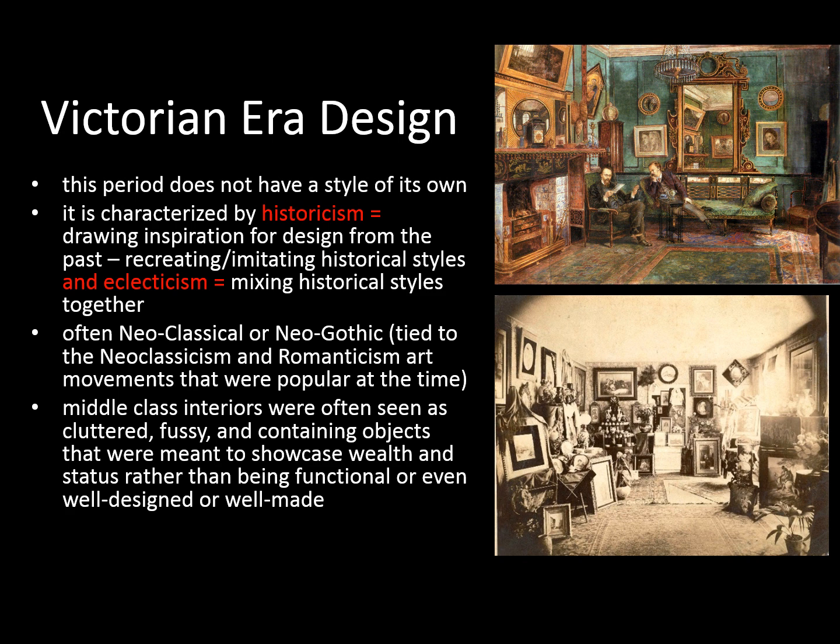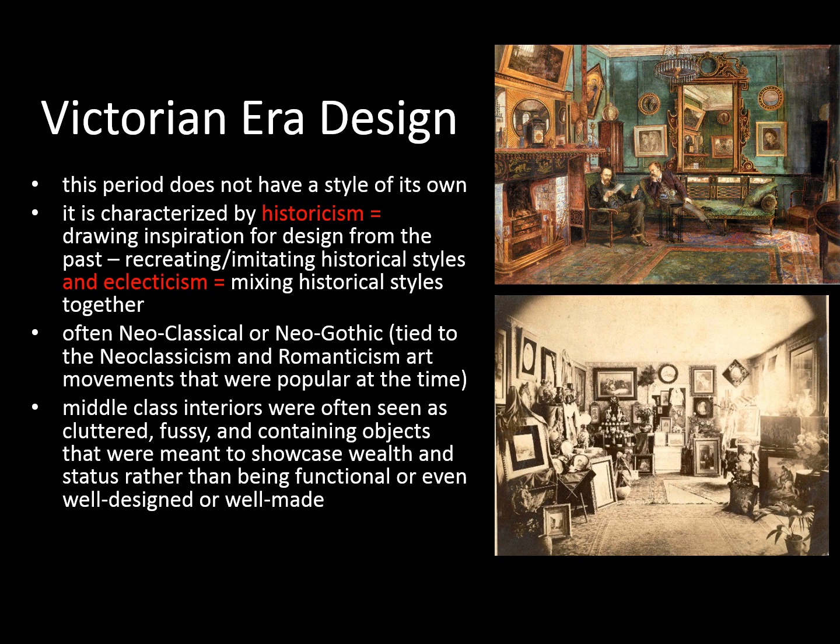They recreated or imitated historical styles, and eclecticism, which is like not only did they look to historical styles, but then they mixed lots of different historical styles together, or could pick and choose from different ones. And so instead of having a style of their own time, they really looked to the past.